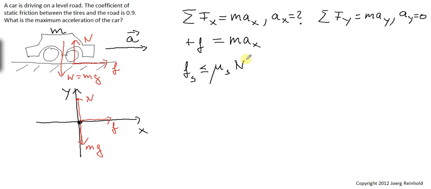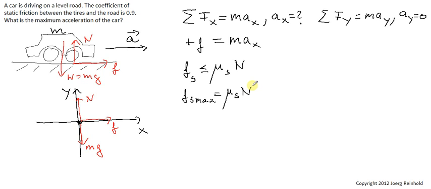Now, if we are looking for the maximum acceleration, we need to explore the maximum static friction. So that means the maximum static friction equals μs times N. Now, if we would know N, then we could solve for a_x. But we don't know what N is yet.